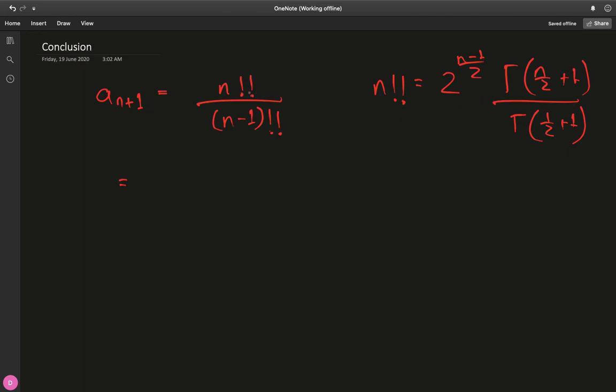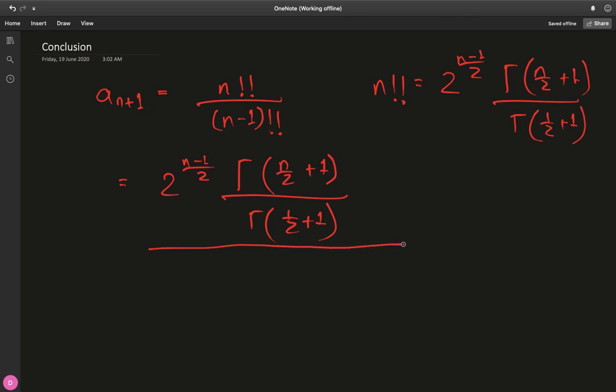For n double factorial, just copy this as it is, 2 to the n minus 1 over 2 times gamma of n over 2 plus 1 divided by gamma of half plus 1, and this is itself divided by n minus 1 double factorial. So in place of n, substitute n minus 1.